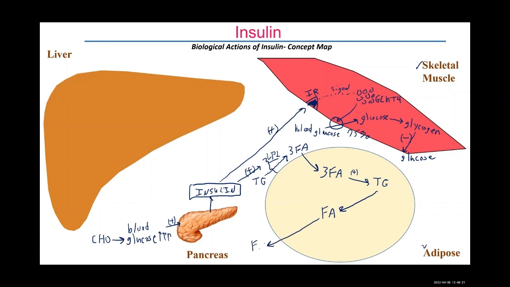Well, we don't want that to happen. So insulin is going to prevent the breakdown of triglycerides. That makes sense to me, because remember, with insulin we're building things up, and once you build it, you don't want to tear it down.